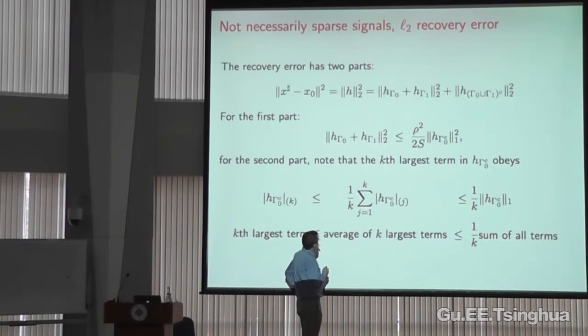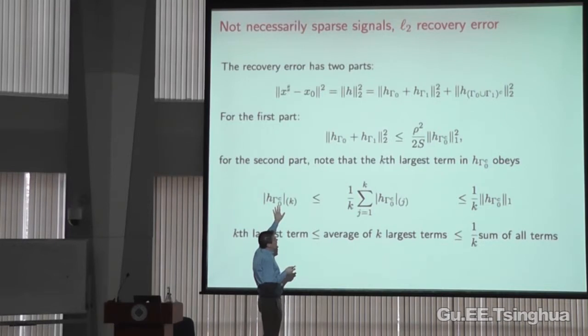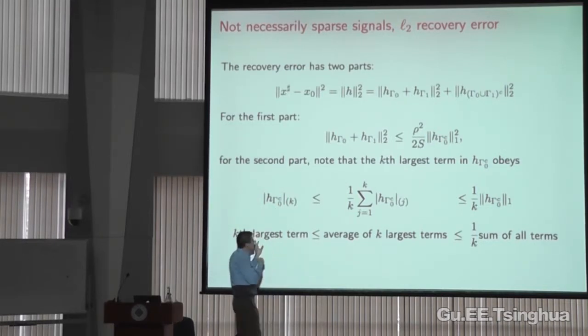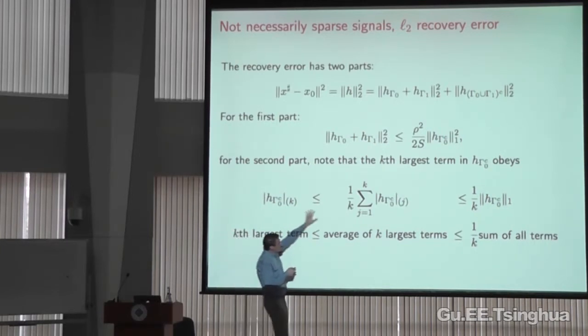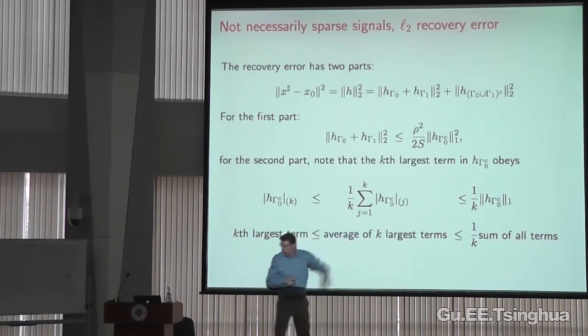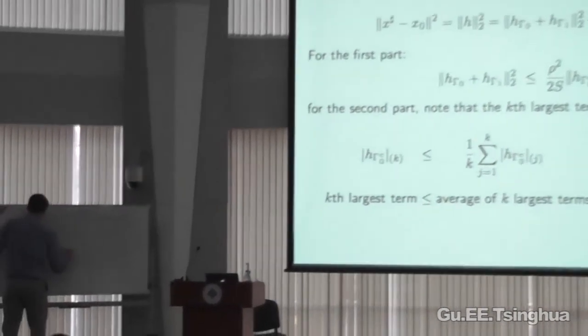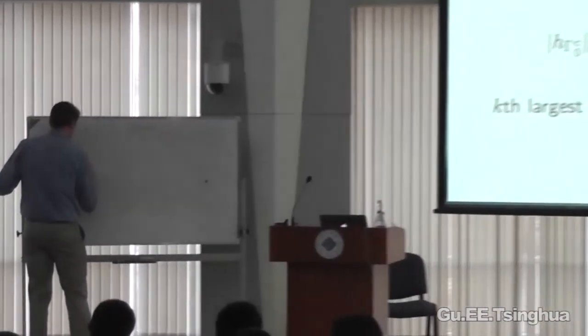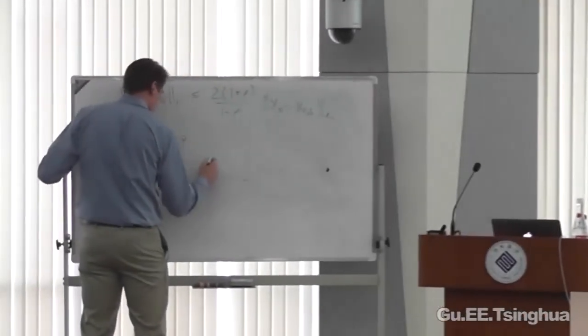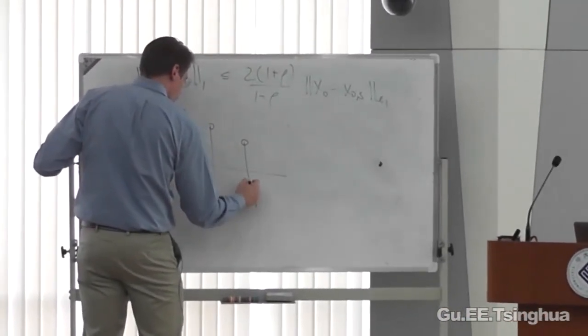I can rewrite this as the sum over all entries in K. If I look at the K largest term here, I can bound that by the average of the K largest terms. All that's saying is, if I have a sequence of numbers which looks like this, here's the 4th largest.